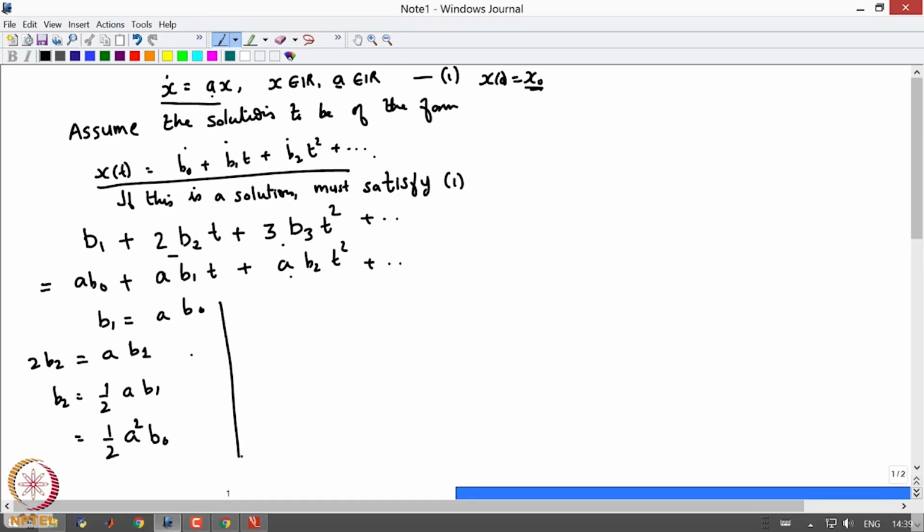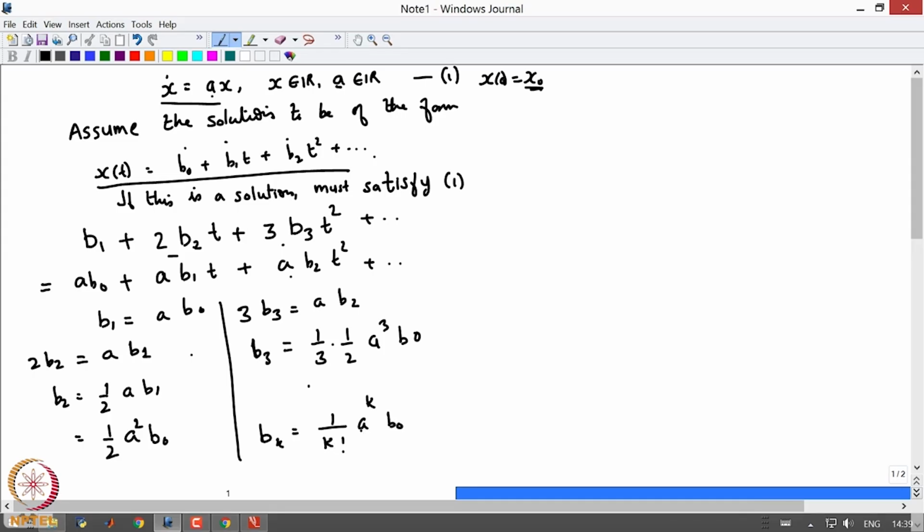Similarly, for the third one, 3 times b3 is a times b2, and this will give me b3 as 1 over 3 times 1 over 2, a cube b naught, and similarly bk would be 1 over k factorial a power k b naught.